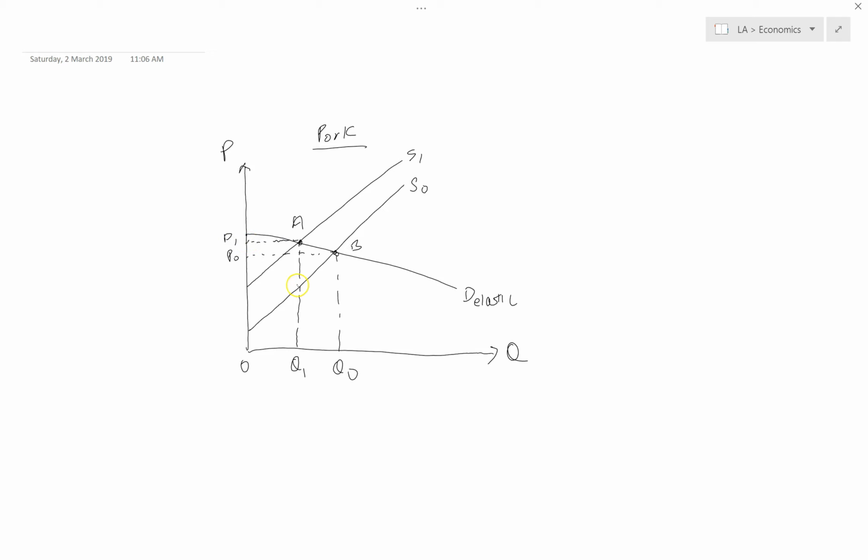But the rising price is here, P2. So this is the rise in cost of production.